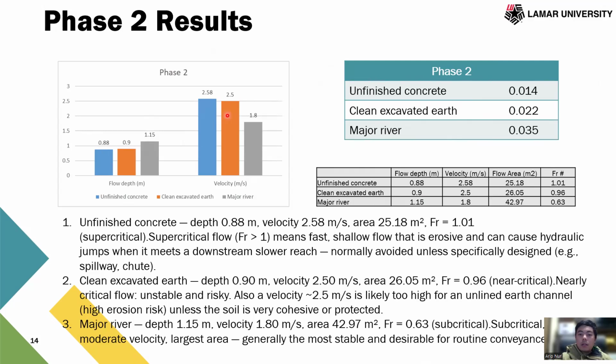Also, it has a Froude number more than one, therefore the flow is supercritical, which means fast flow. Shallow flow but fast. That is flow that is erosive and can cause hydraulic jumps when it meets the downstream slower reach.